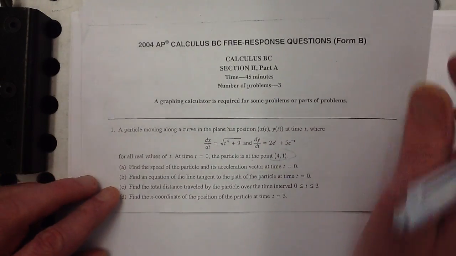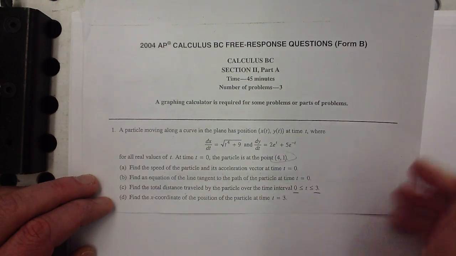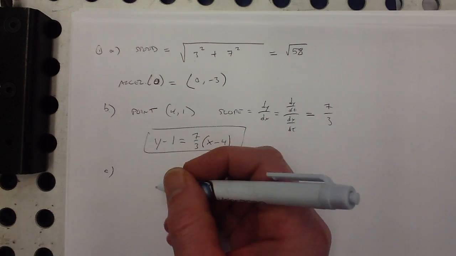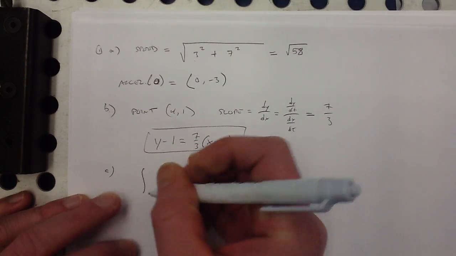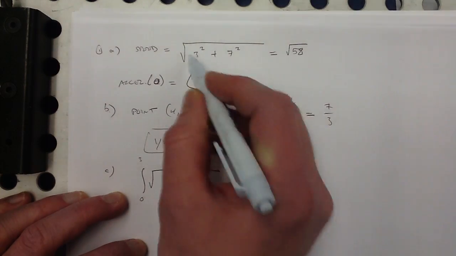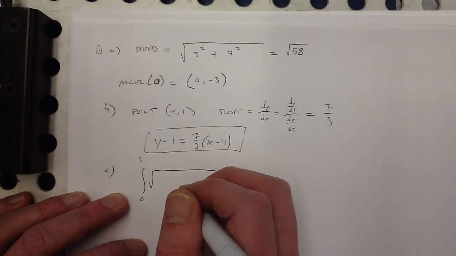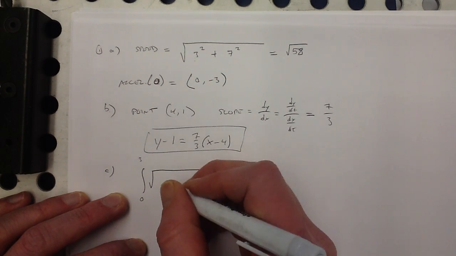Part C, find the total distance traveled by the particle over the time interval from 0 to 3. All right, total distance traveled, we do the integral from 0 to 3 of basically the Pythagorean theorem applied to the velocities for each piece.